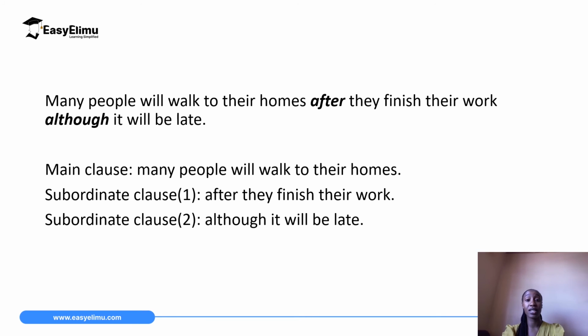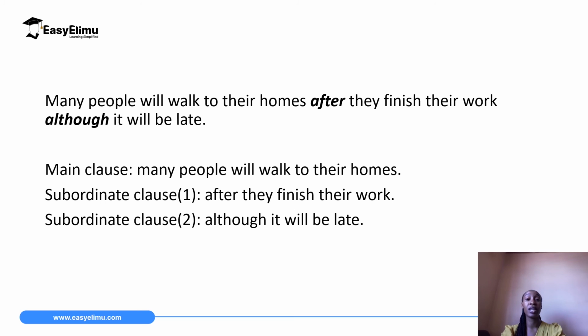And lastly, many people will walk to their homes after they finish their work, although it will be late. Many people will walk to their homes, that is the main clause. After they finish their work, that is the first subordinate clause. It has been introduced by the subordinating conjunction after.